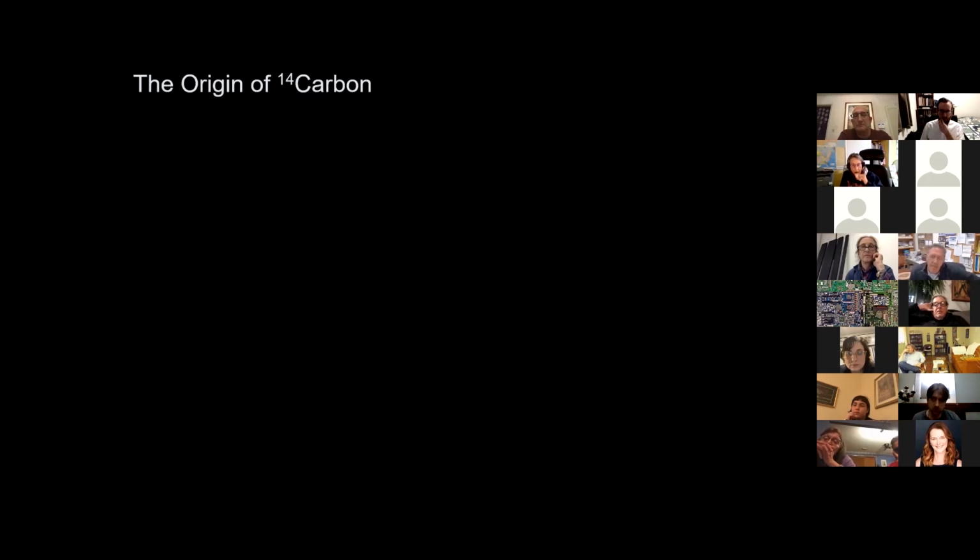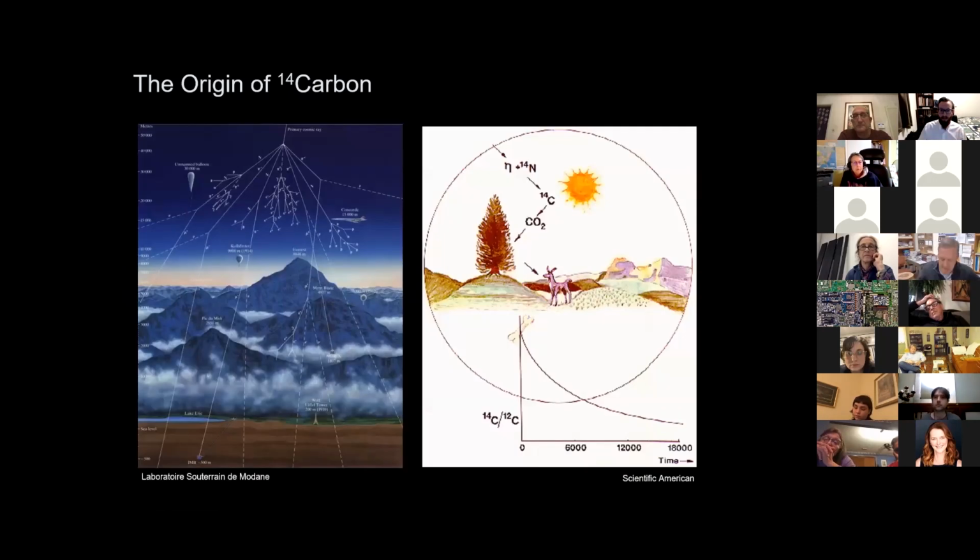carbon-14 is a class of radioactive isotope that's called a cosmogenic isotope. And that cosmos refers to the fact that there are stable gases in the Earth's atmosphere that are damaged by incoming cosmic rays or solar energetic particles.